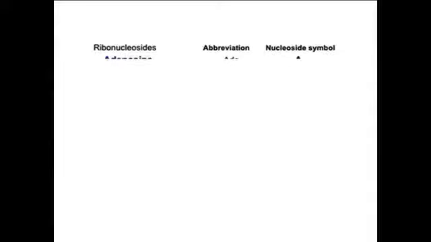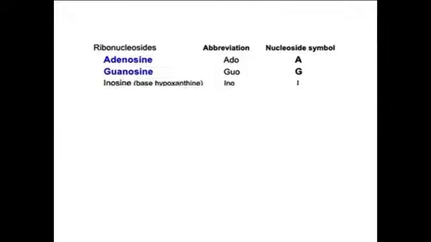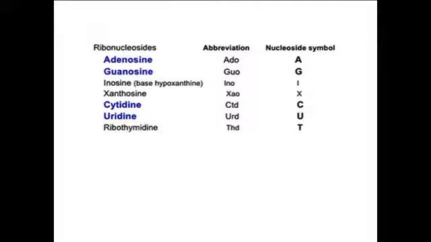Ribonucleosides, their respective abbreviations and nucleoside symbols: Adenosine, abbreviation ADO, symbol A. Guanosine, abbreviation GUO, symbol G. Inosine, of base hypoxanthine, abbreviated as INO and symbol I. Xanthosine, XAO, symbol X. Cytidine, CTD, symbol C. Uridine, URD, symbol U. Ribothymidine, THD, symbol T.